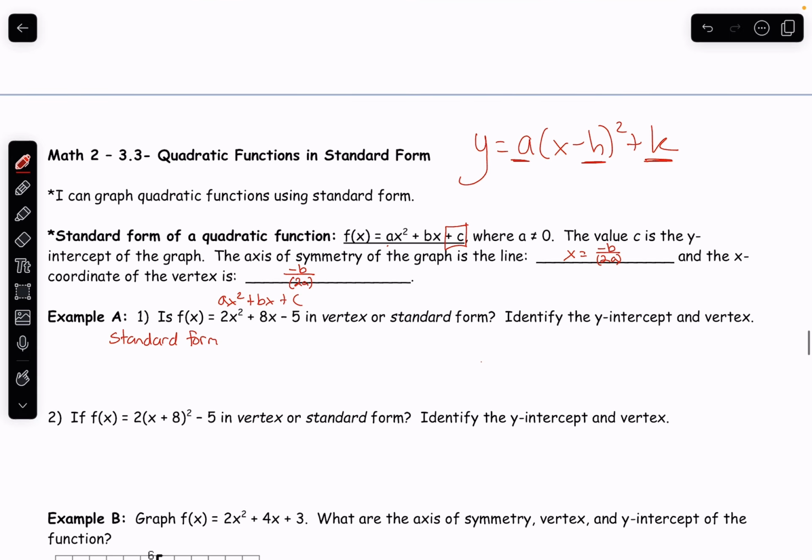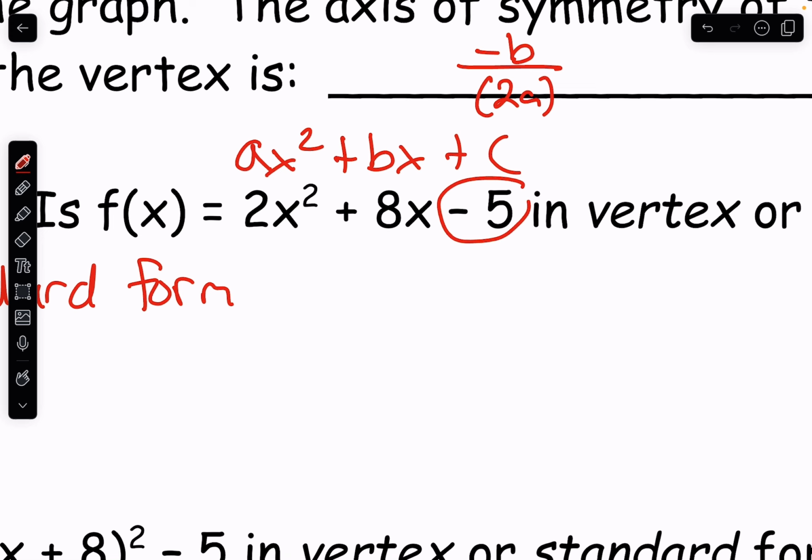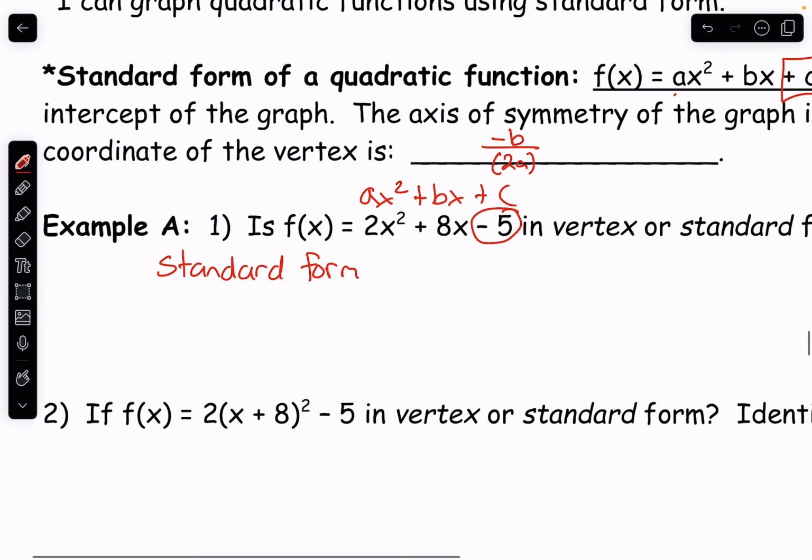The y-intercept is very easy to identify. The y-intercept is just your c value, okay? So keep in mind y-intercepts are always 0, comma something. Your input is 0 because you're on the y-axis, and your output, in this case, should be negative 5.